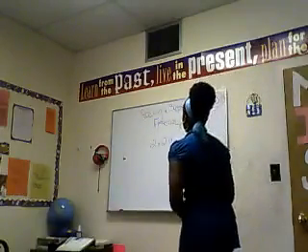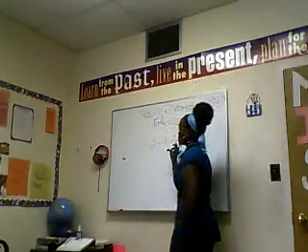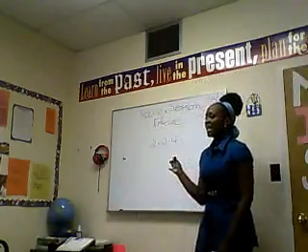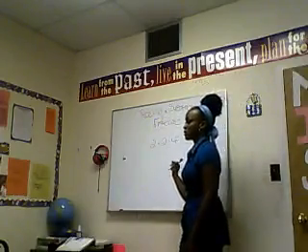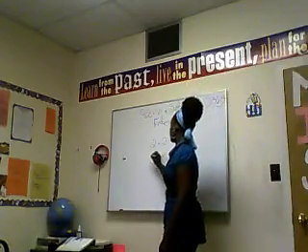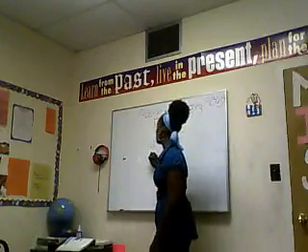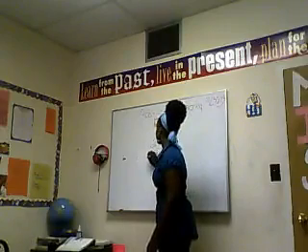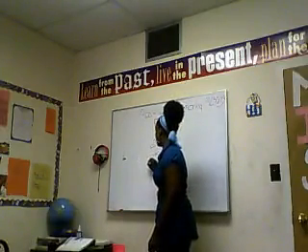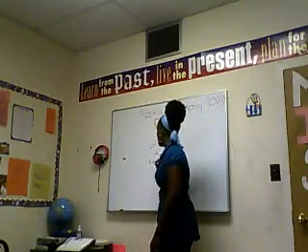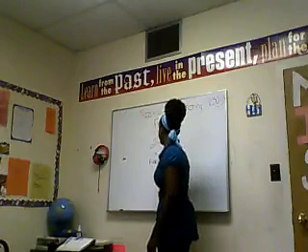Alright, so in this equation, where are my factors? 2 and 2. 2 and 2 are my factors. And where is my multiple? 4. 4 is my multiple.